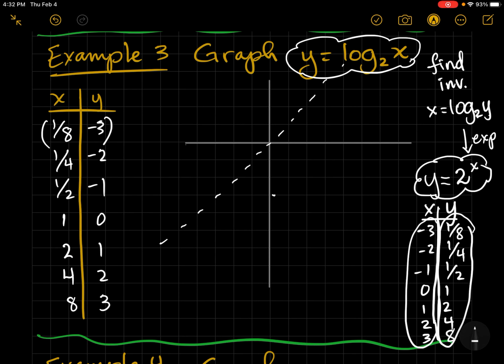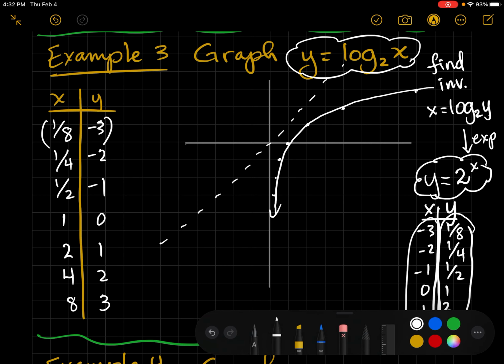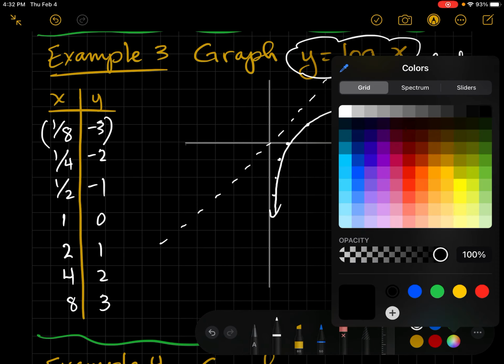Over 1/8 down 3, over 1/4 down 2, and I'm just approximating these fractions. (1, 0), that's an important point. (2, 1), (4, 2), and (8, 3). And we connect those points as smooth as possible. And notice we have an asymptote again.